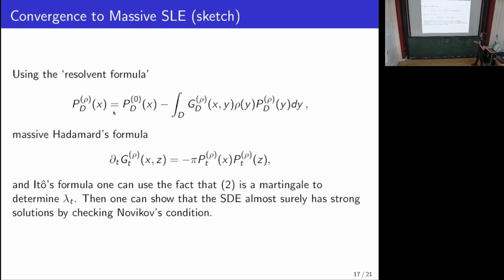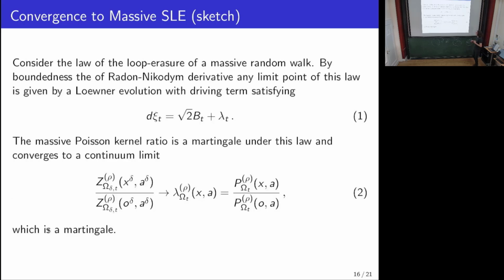So we have this massive kernel, and with the massive Green's function, we can connect it to the non-massive thing. And we also need to prove this. Okay, now I'm going over time, so let's just say we know some stuff about this continuum limit, we need to prove some stuff, but once we prove that stuff, this being a martingale is enough to show that lambda t is the thing that the limit is.